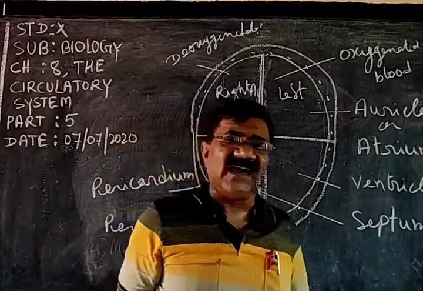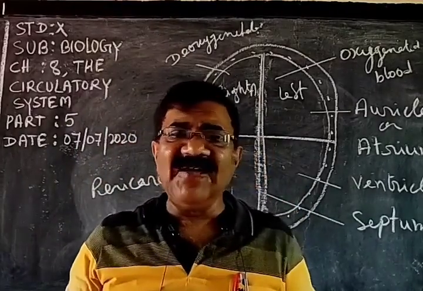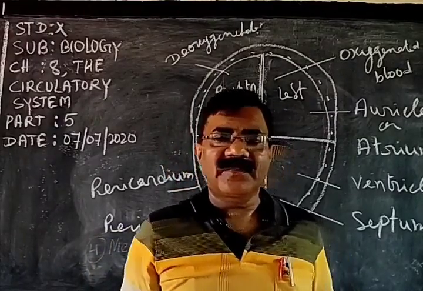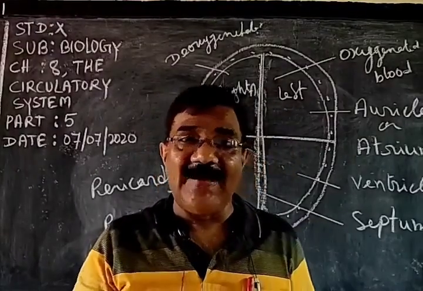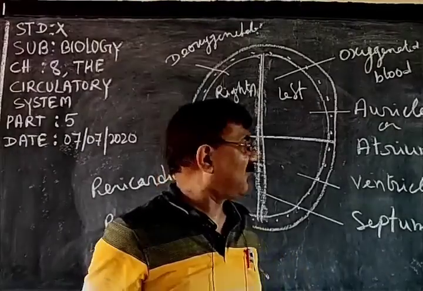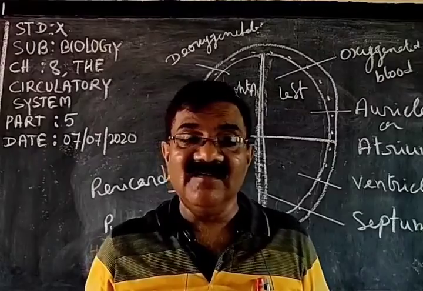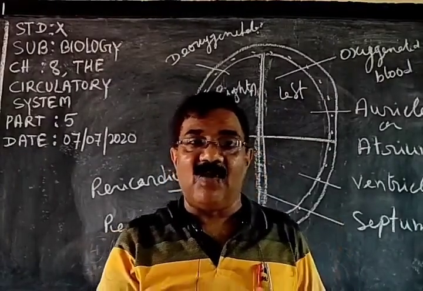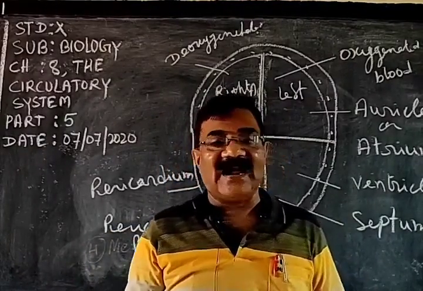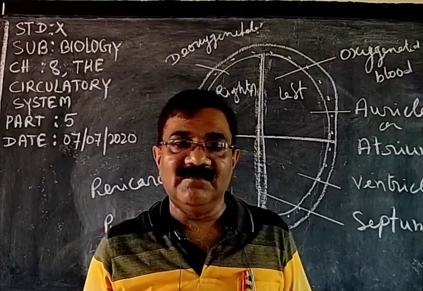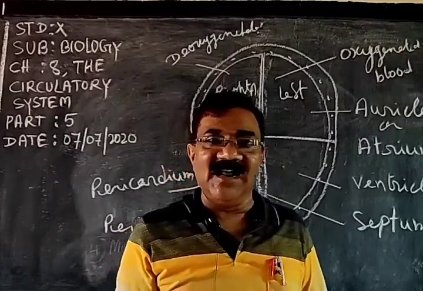Now a question arises in my mind: if oxygenated blood will mix with the deoxygenated, what will happen? Less amount of energy will be produced, and that extra energy which is used to maintain our body temperature can't be there, and we will also become a cold-blooded animal. We are warm-blooded animals.